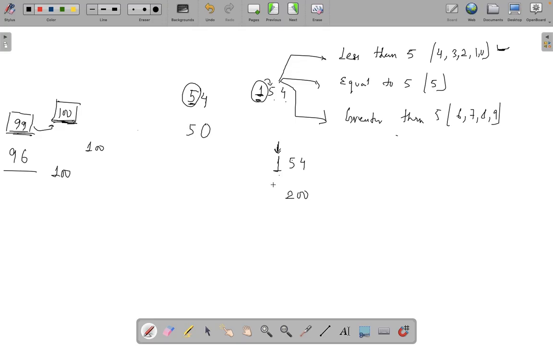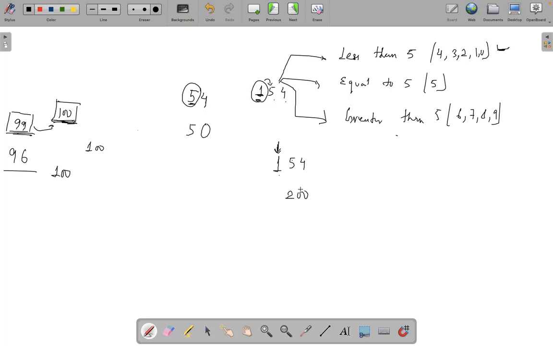Sir, if we have to round off 154 to the nearest 100, then we will look at the hundreds place, 1. Then we will look at the tens place, it is 5.